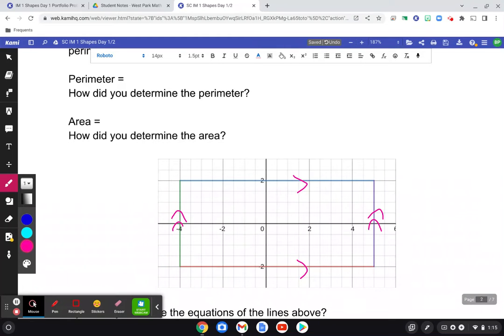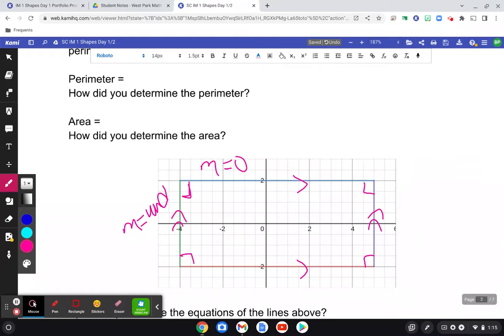Now, more specifically, what makes it a rectangle is the fact that this blue and this green are perpendicular to each other, because the slope of the blue is m equals 0, and the slope of the green is undefined. Okay, and when we have undefined slope and 0 slope together, that makes a perpendicular or 90 degrees, and that's happening all around here. So we've defined this now as a rectangle.